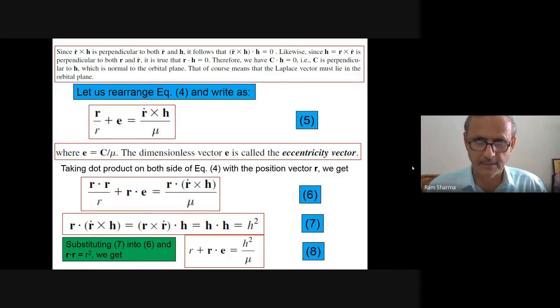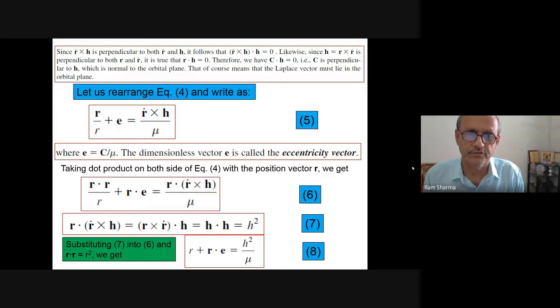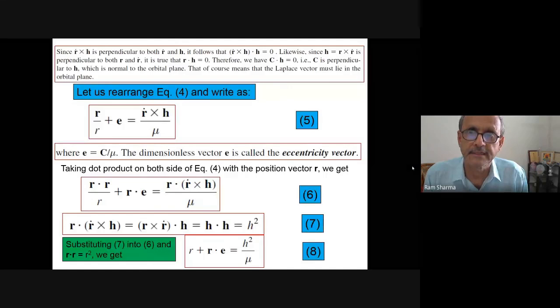That we have already seen, and that of course means the Laplace vector must lie in the orbital plane. And when we were converting position and velocity into orbital elements, we said the eccentricity vector passes through the perigee. So that is the same vector here.